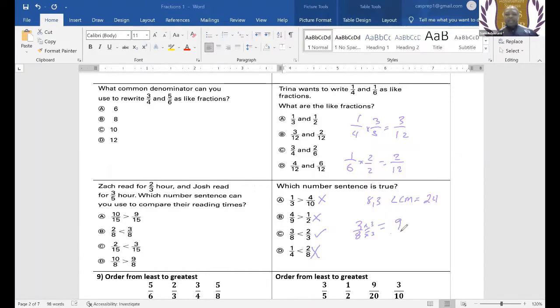That gives me 9/24. And for 2/3, multiply this by 8, multiply that by 8, and I get 16/24. All right, so that proves that my answer is correct.